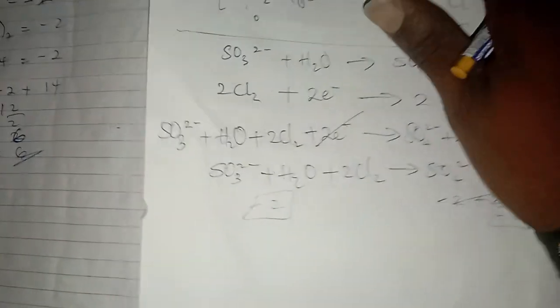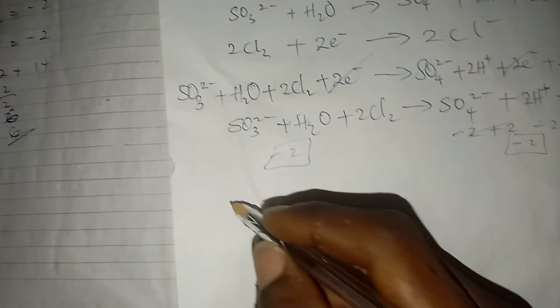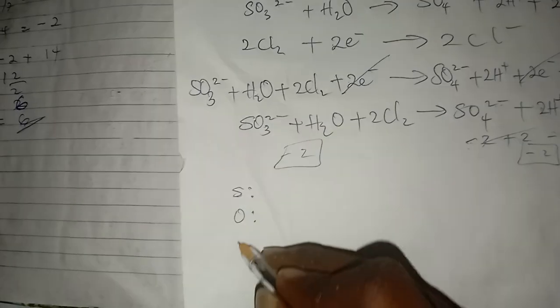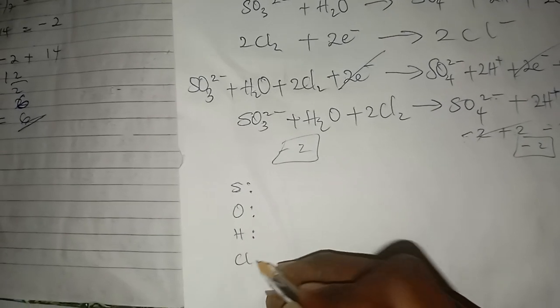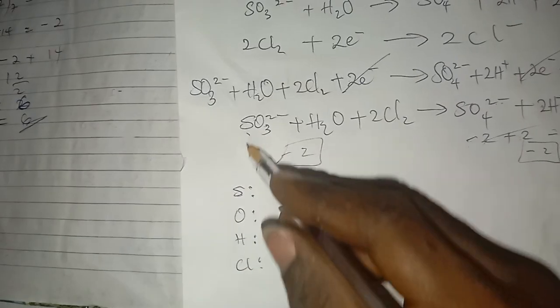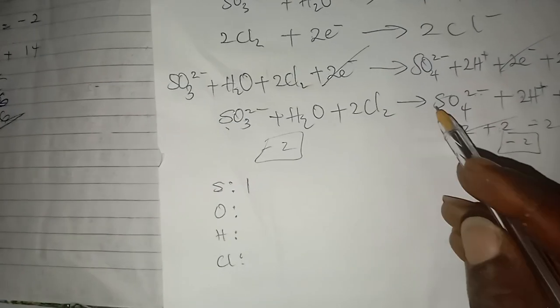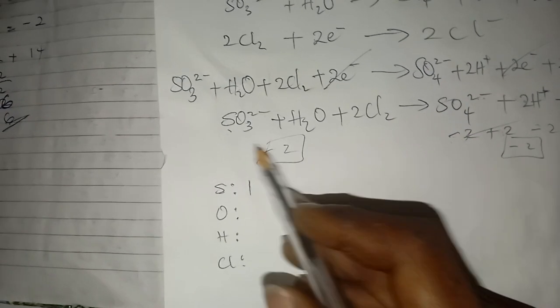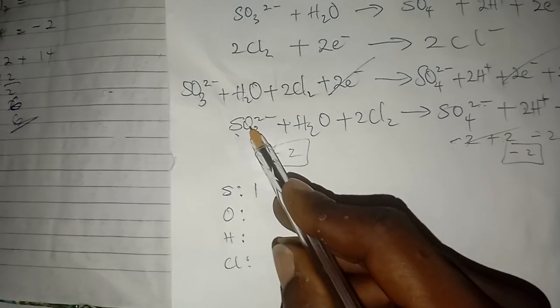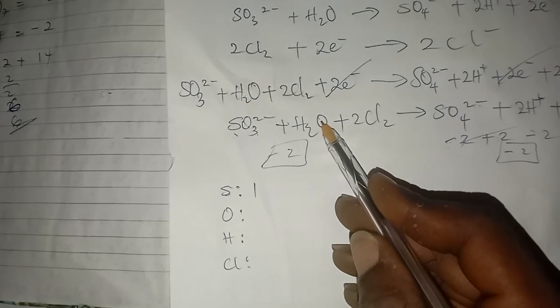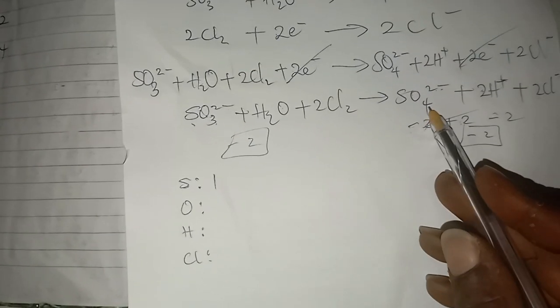Next thing is to find out all the atoms I have here: S, O, H, Cl. How many sulfur do I have here? 1. How many on this side? 1. How many oxygens? 3 plus 1, 4. Here I have just 4.